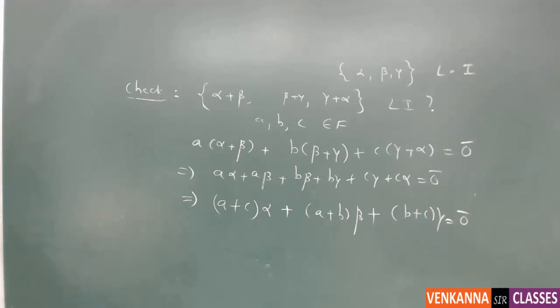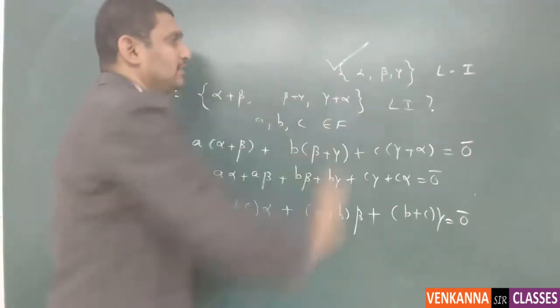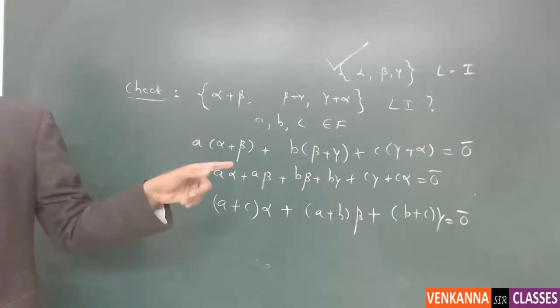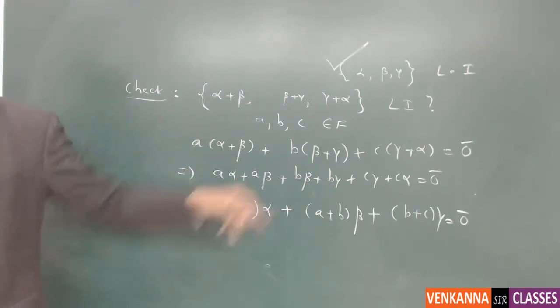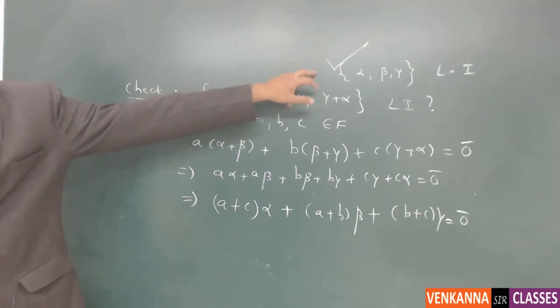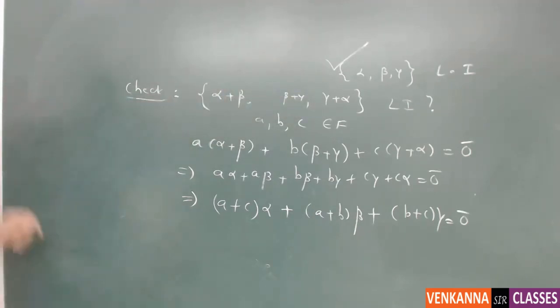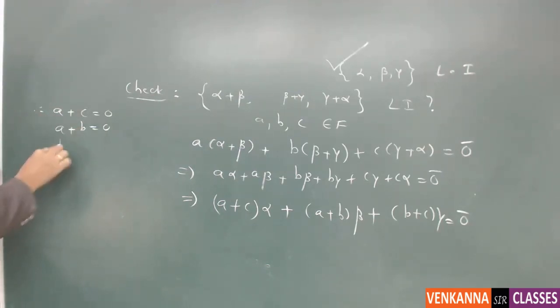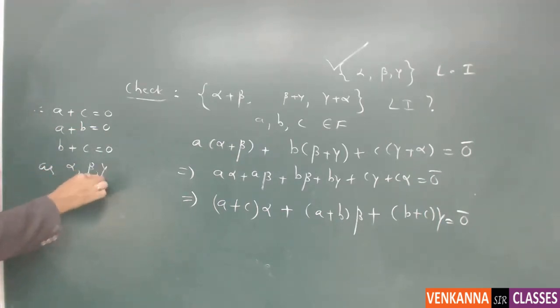Since alpha, beta, gamma is an independent set, whenever you write a linear combination using this set and the combination is 0, then the scalars in that combination must be 0 because it is the independent set. From the definition it follows. So A plus C is equal to 0, A plus B is equal to 0, B plus C is equal to 0 as alpha, beta, gamma are LI.